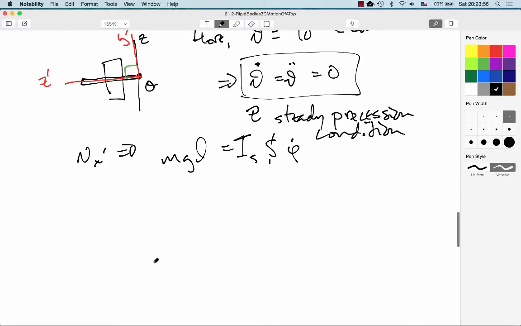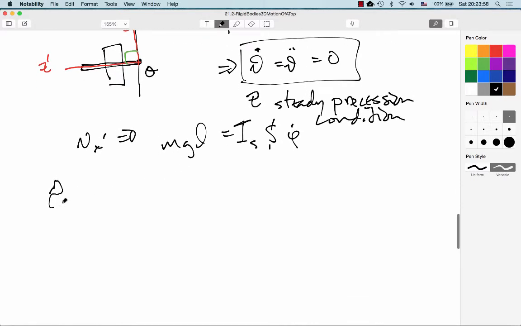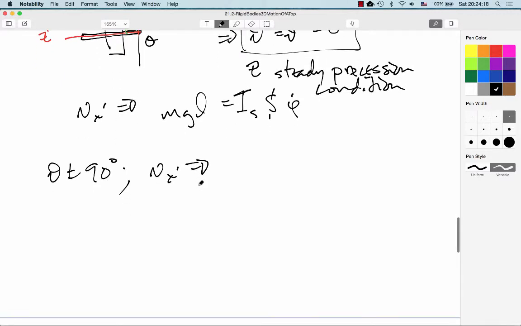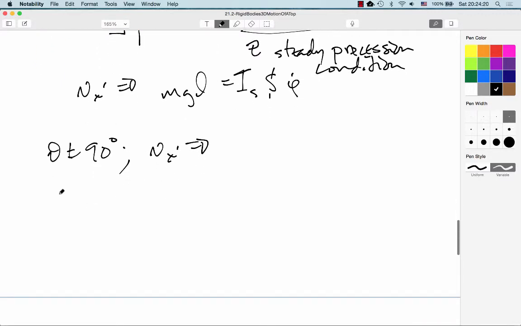All right. Now what if theta is unequal to 90 degrees? Well, in that case, our nx prime equation becomes, well, the torque will be mgl sine theta.